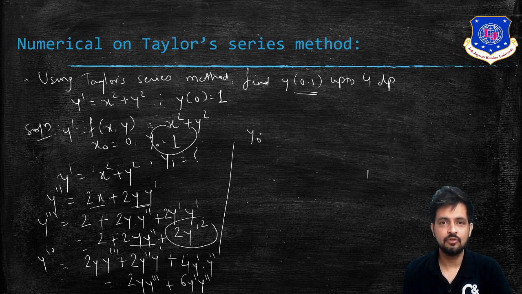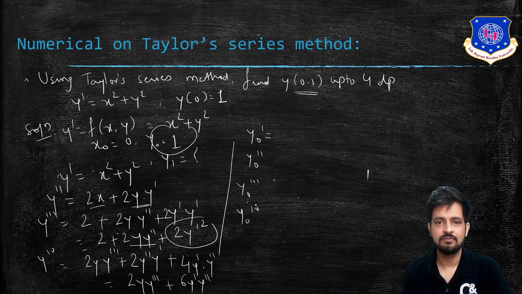Now what we have to find? We have to find y0 dash, y0 double dash, y0 triple dash, and the y0 fourth derivative. How can we find this? In place of x and y we have to place the values of x0 and y0. So y0 dash can be written as x0 square plus y0 square. Y0 double dash can be written as 2x0 plus 2y0 into y0 dash.